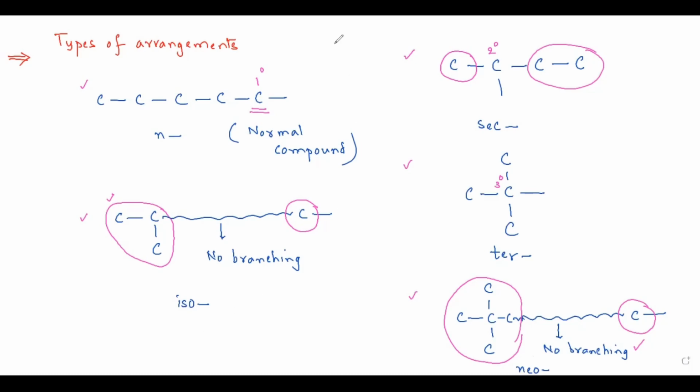See, this carbon is called 4-degree, a quaternary carbon. If a quaternary carbon is present, then that kind of an arrangement is called a neo arrangement.